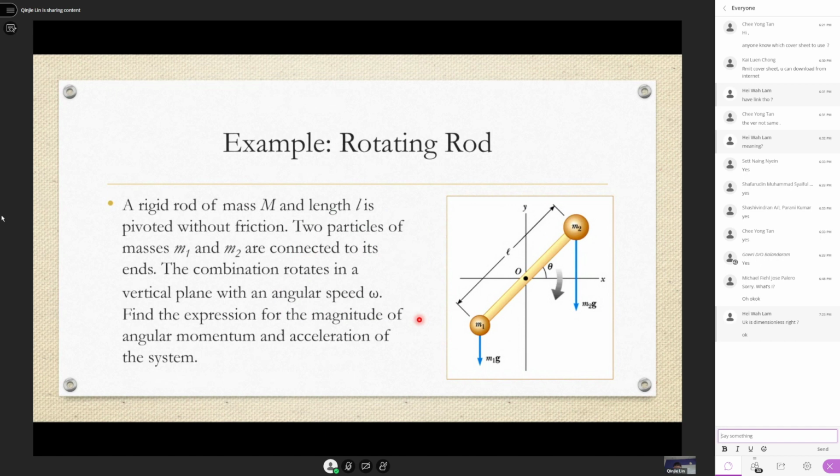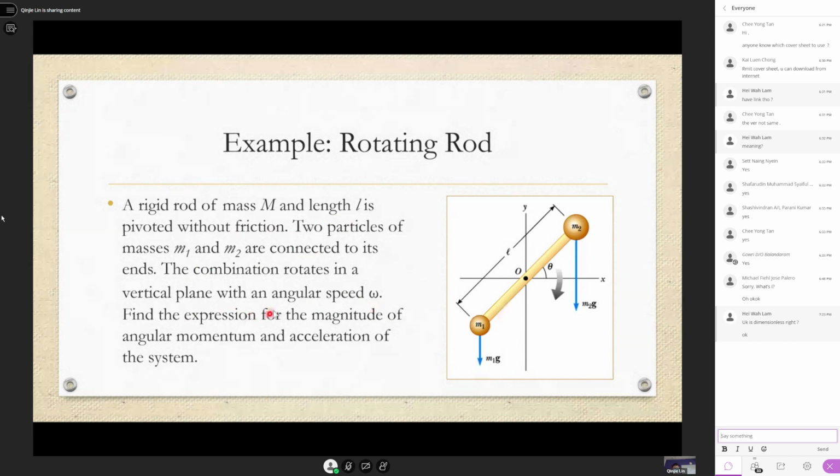Okay, let's look at one example. A rigid rod of mass M and length L is pivoted without friction. Two particles of masses M1 and M2 are connected to its ends. The combination rotates in a vertical plane with an angular speed omega.